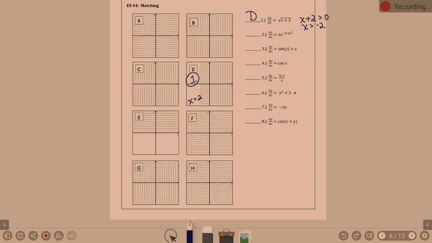If I plug in, say, 2, 2 squared is 4, plus 1 is 5. We're getting very steep. I don't know where y equals 2 is, but say y equals 2 is right there. Those are very steep, aren't they? We're getting steeper. Now, I'm not going to assume anything until I throw in a negative value. What happens when I throw in, say, negative 1?